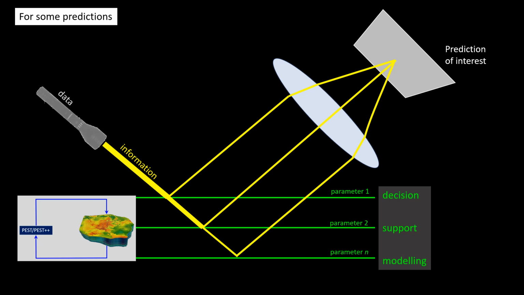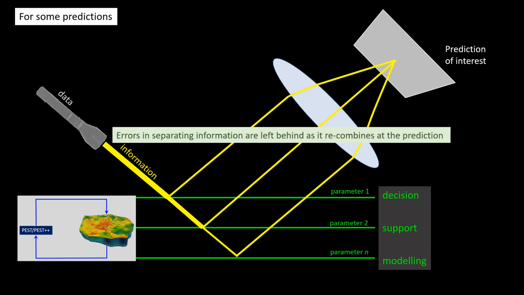In that case, errors that may be accrued through separating this information out and borne by the different parameters which carry that information are all forgotten as that information is recombined to make this prediction. Errors in separating information are left behind as it recombines to make this type of prediction. This is a happy situation.